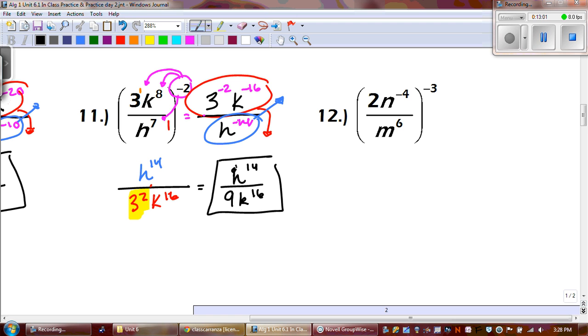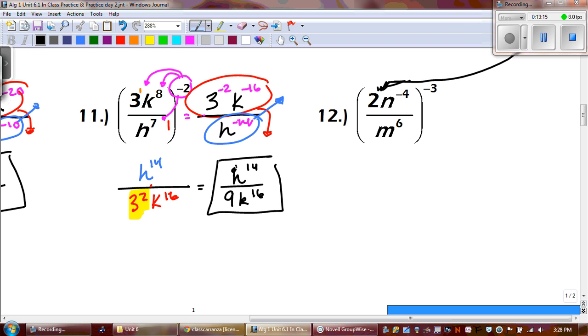So let's take a look at 12. Remember that negative 2, or the 2, has an exponent. And that exponent is 1. Oh, hold on, this isn't working. Guys, pardon me one more time as I pause the video. Okay, so that 2 has an exponent of 1.